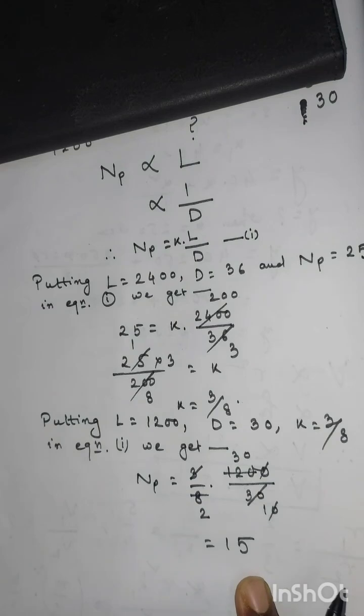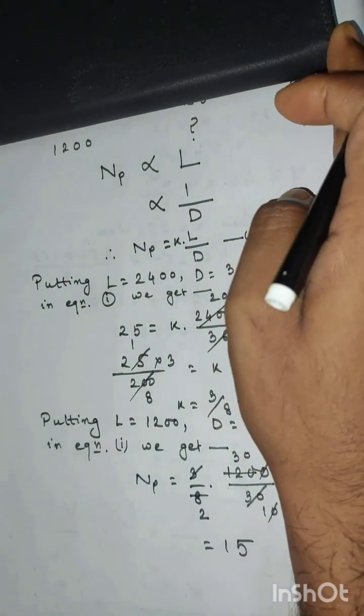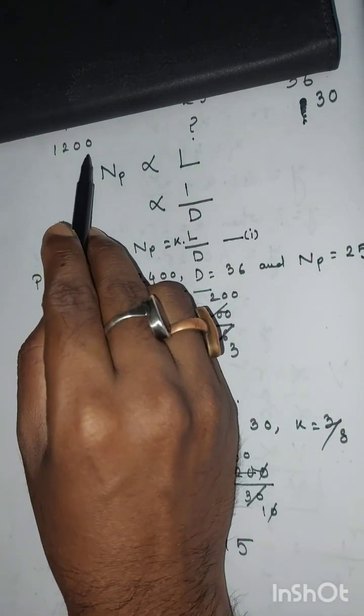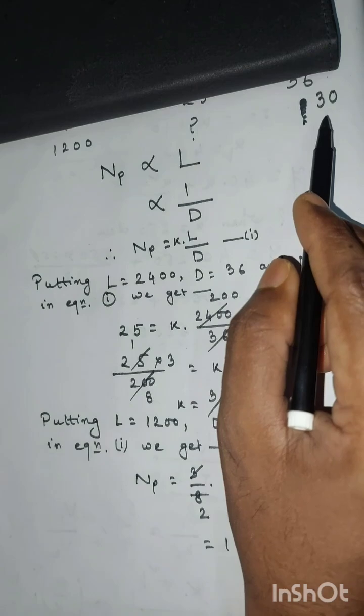So 15 plows will be required to cultivate 1200 bighas of land in 30 days.